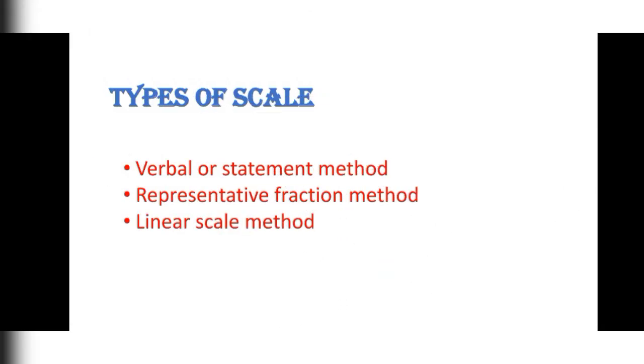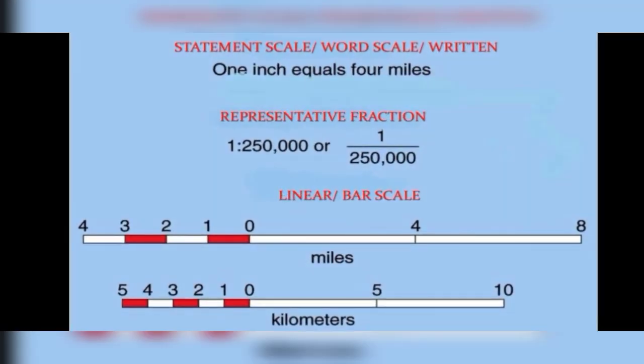Scales are also of three types which are used on the map to measure distance. First is verbal scale, second is representative fraction method and third is linear scale method. All these scales are used to measure distance. Verbal or statement method.